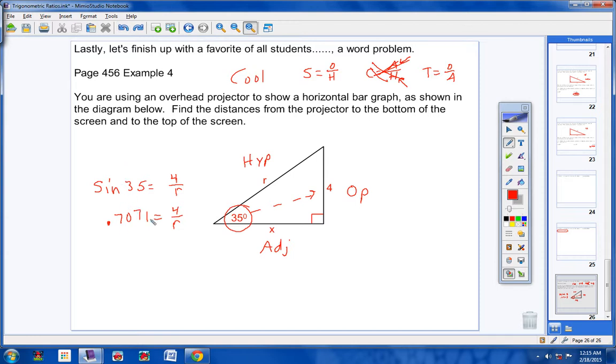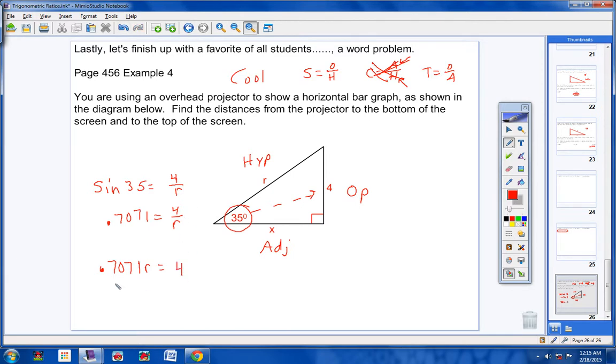So if I multiply this side by R, I get 0.7071 R. If I multiply the other side, 4 over R times R over 1, your R's cancel. You're just left with 4. That's the whole reason you multiplied by R, was to get rid of your fraction.